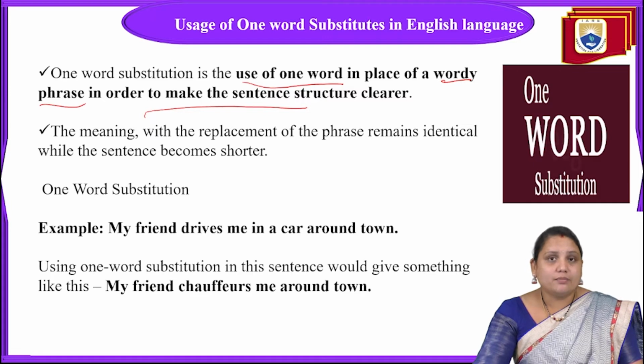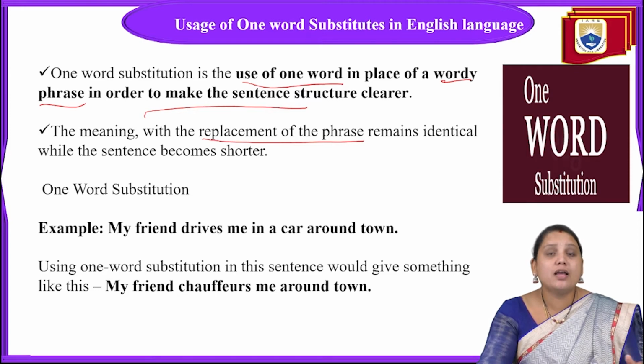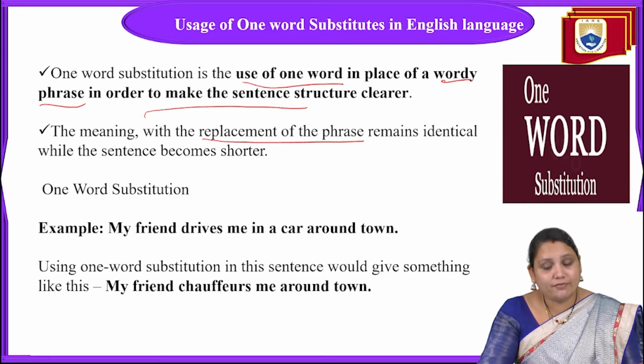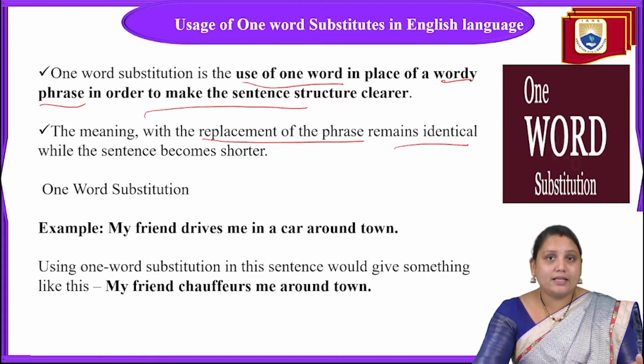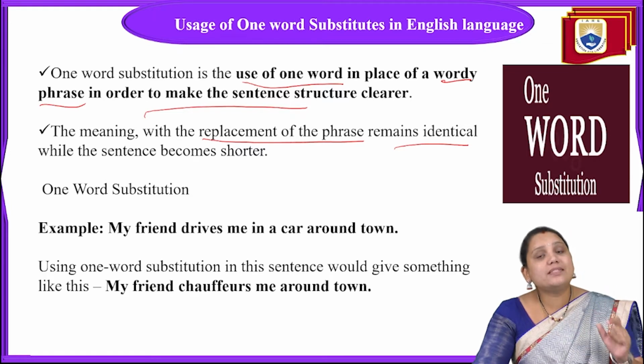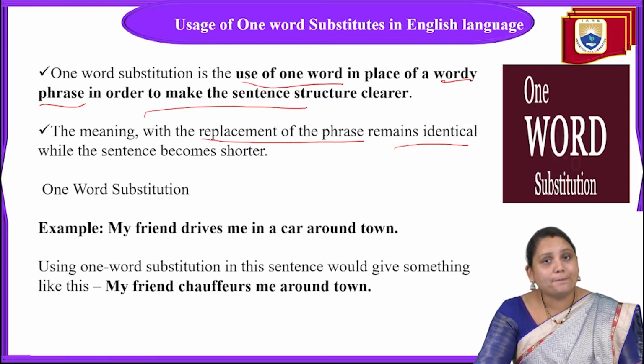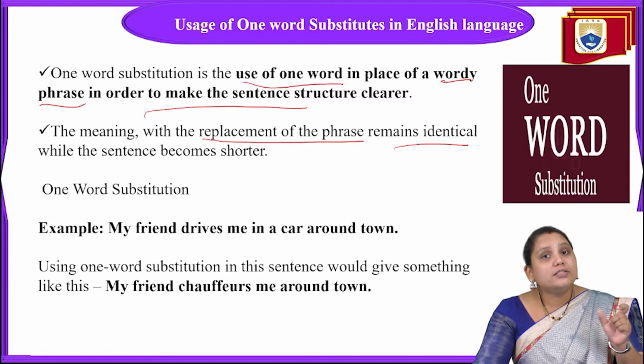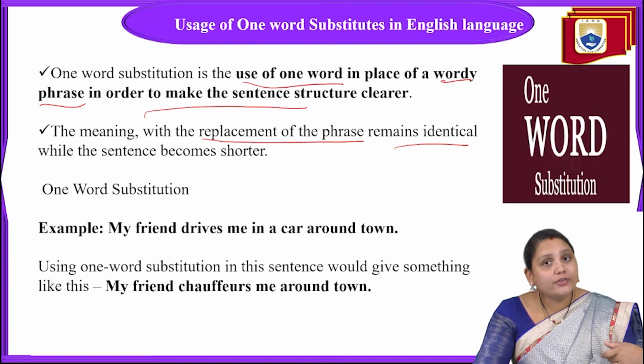Now, about the meaning with the replacement of the phrase: how are we going to use this one-word substitute? With the replacement of the phrase, the meaning remains identical while the sentence becomes shorter. The major use of a one-word substitute is that the meaning of the sentence remains the same, but the sentence becomes shorter, brief, and concise.